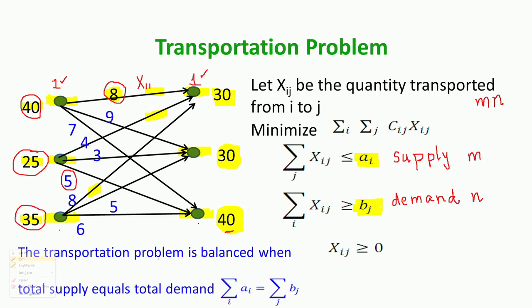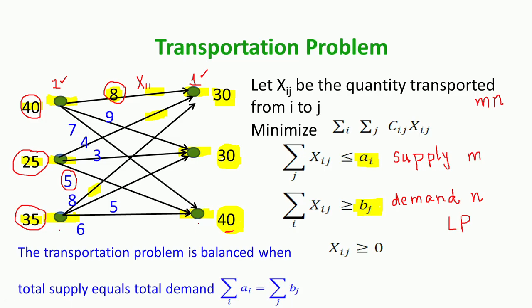Now this formulation has a linear objective function in terms of the variables Xij, the constraints are linear inequalities, and there is a non-negativity restriction. Therefore, this problem is a linear programming problem. So, the transportation problem is a linear programming problem. That is the first thing that we observe.